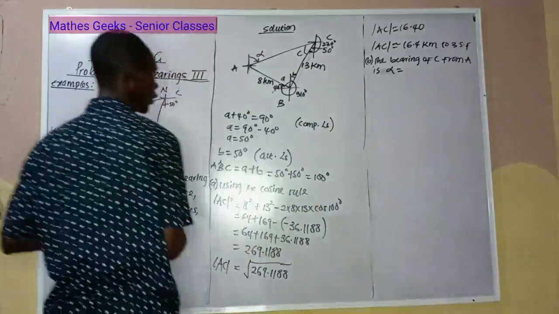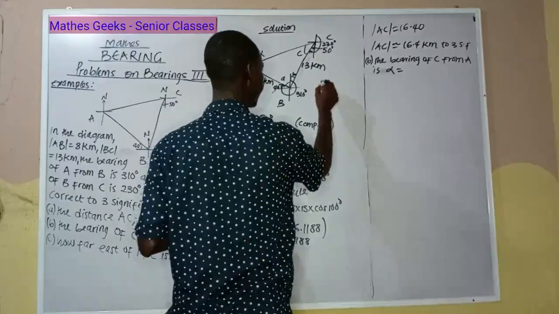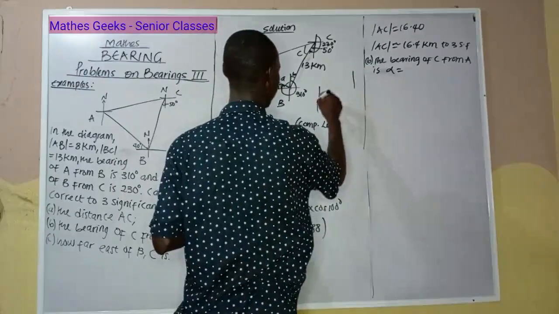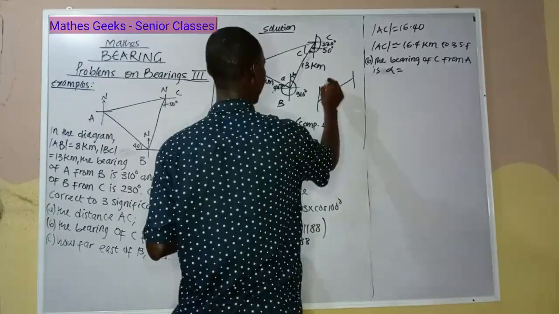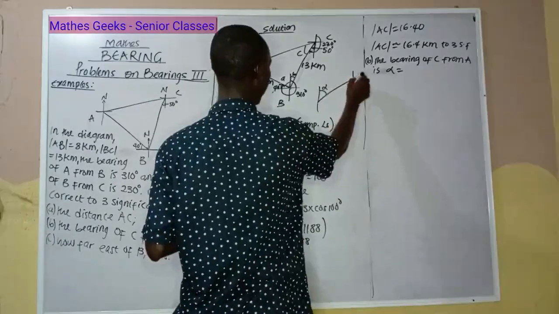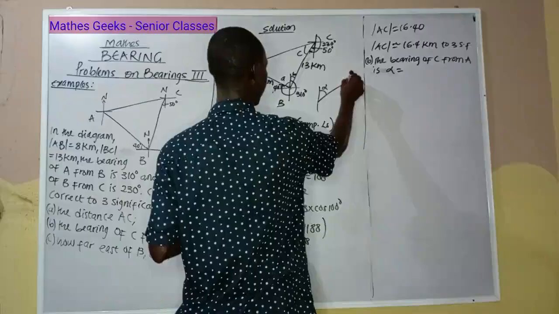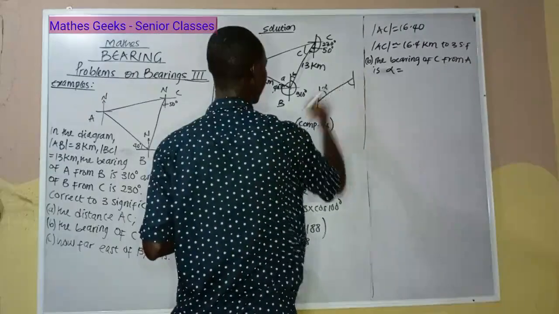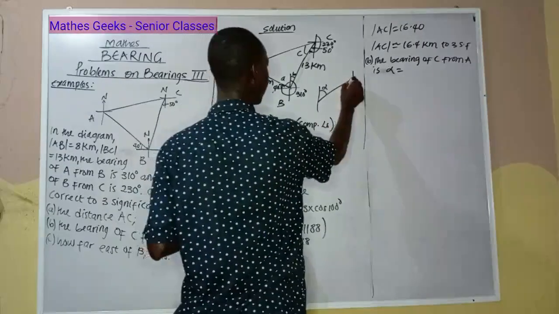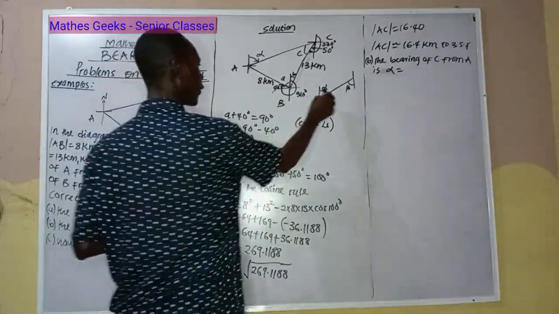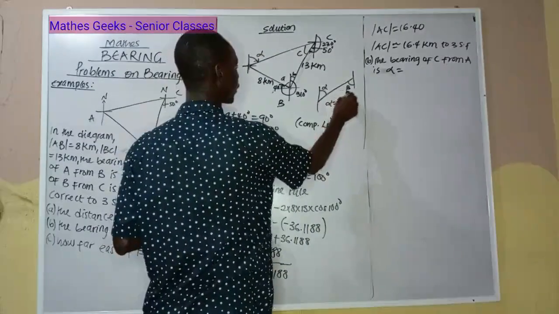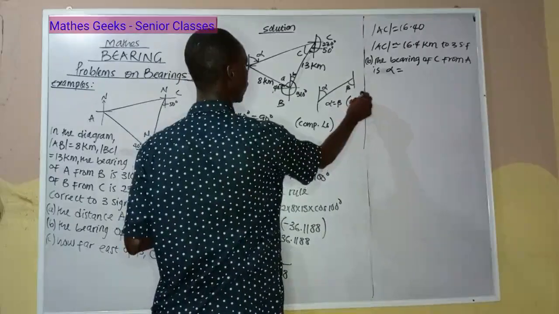So this is what we have. We want to get the value here, alpha, and this part is known. Let's call this beta. They are alternate, so alpha is equal to beta. The reason: alternate angles.